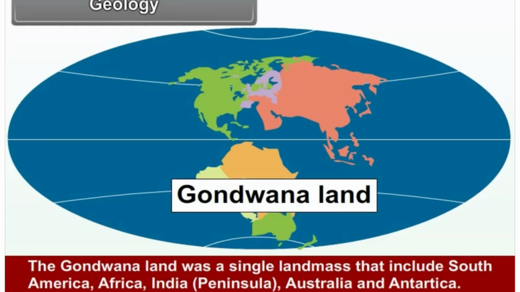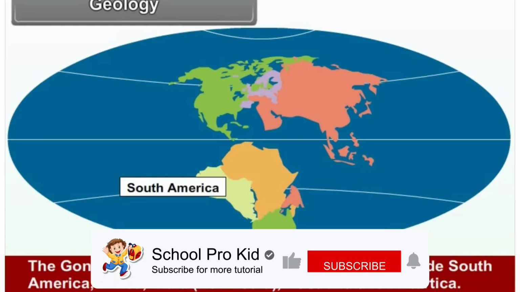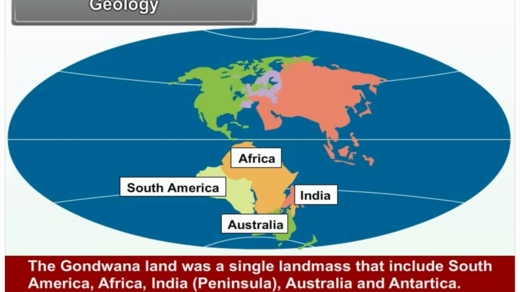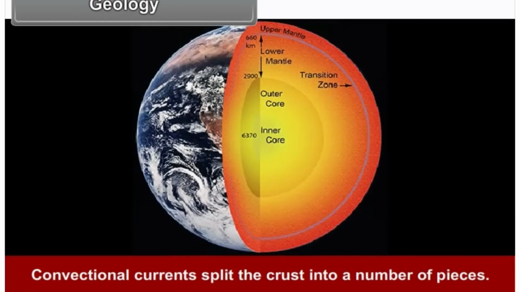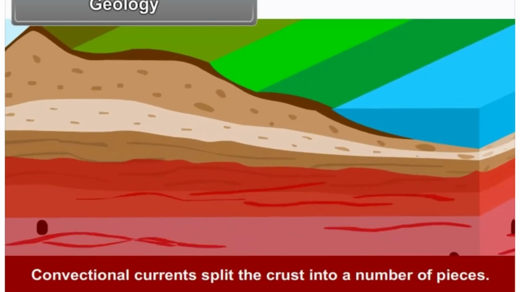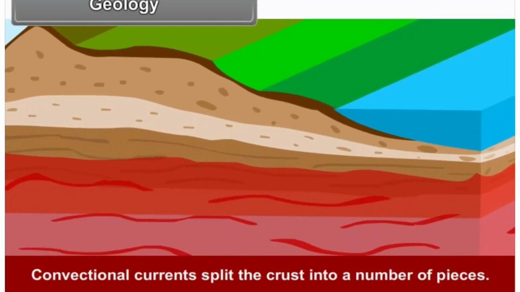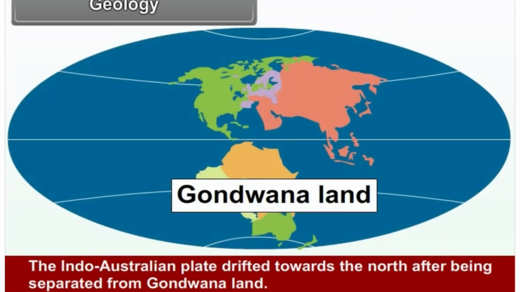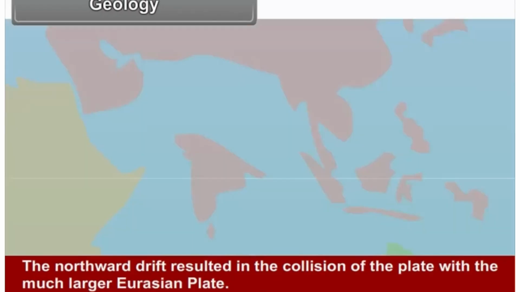Gondwanaland was a single landmass that included South America, Africa, India, Australia, and Antarctica. Convectional currents split the crust into a number of pieces. The Indo-Australian plate drifted towards the north after being separated from Gondwanaland.